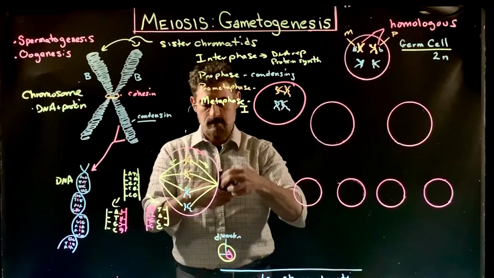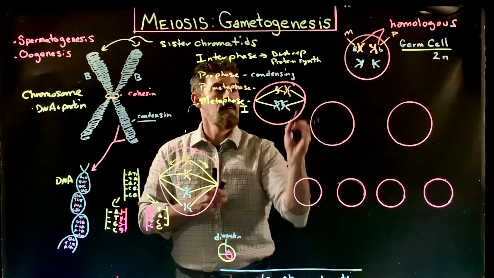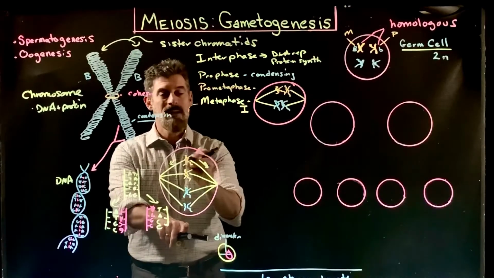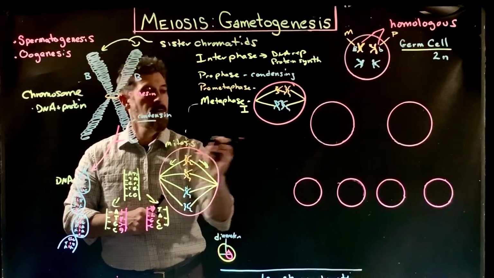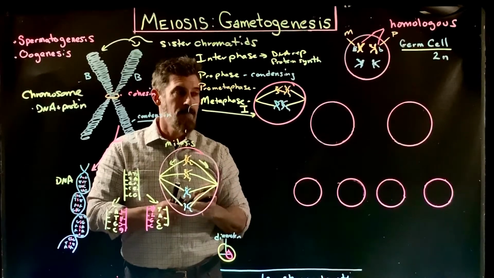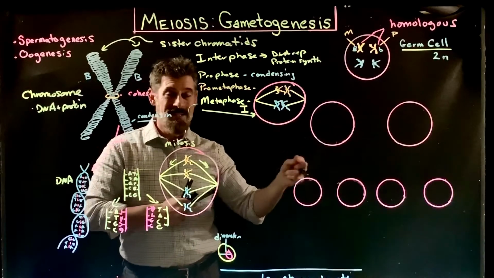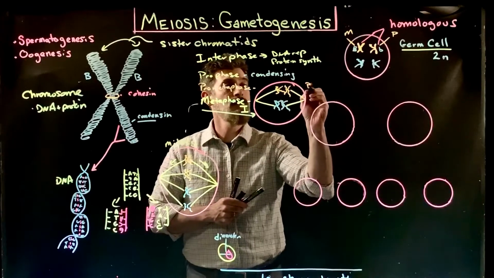Like this. So you can see metaphase of mitosis, metaphase of meiosis, which we would call metaphase 1. So in metaphase 1, there's this particular characteristic. It is the pairing of homologous chromosomes.